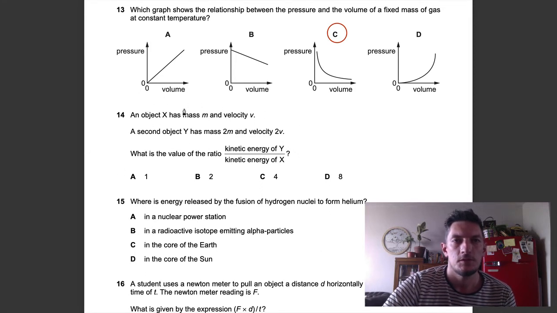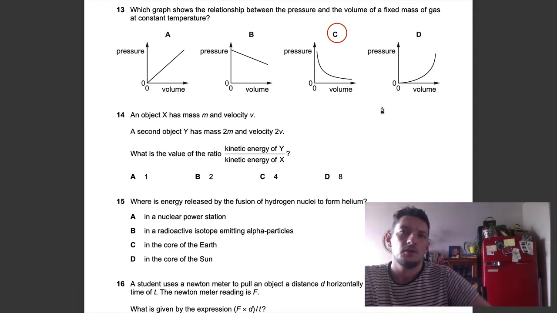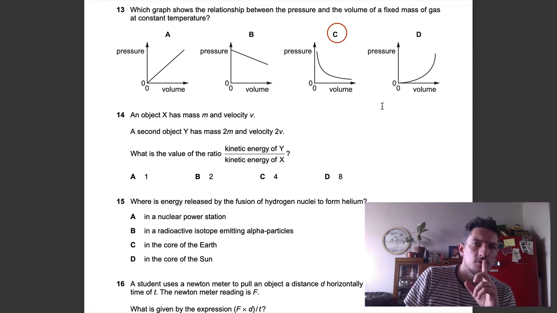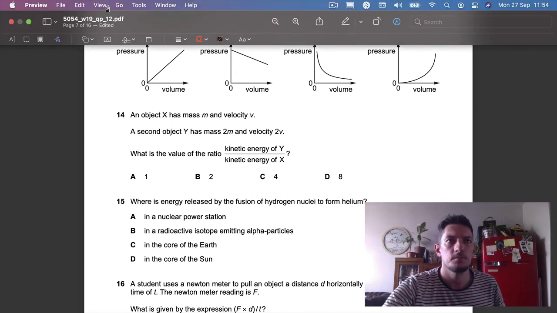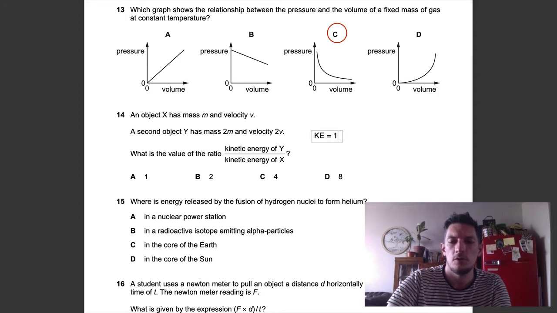An object X has mass m and velocity v. A second object has mass 2m and velocity 2v. And so, how much greater is its kinetic energy? Now, as you know, kinetic energy equals half mv squared.